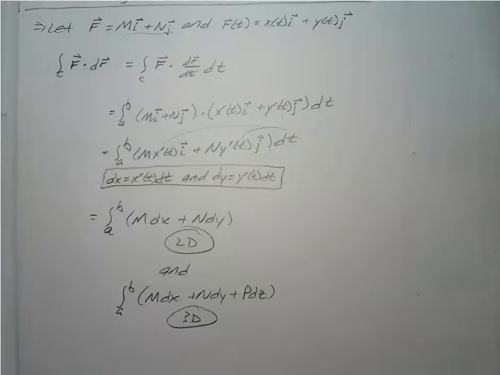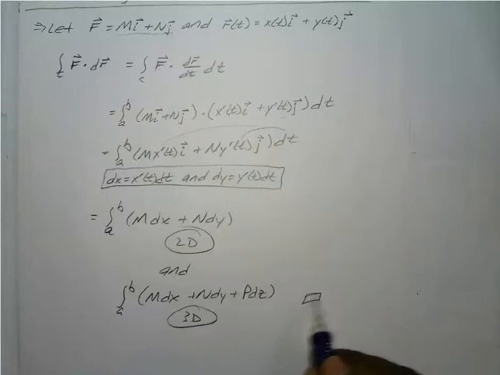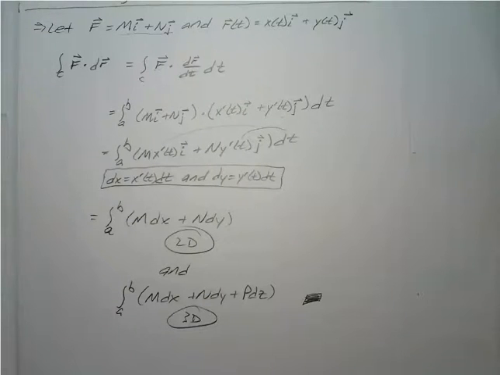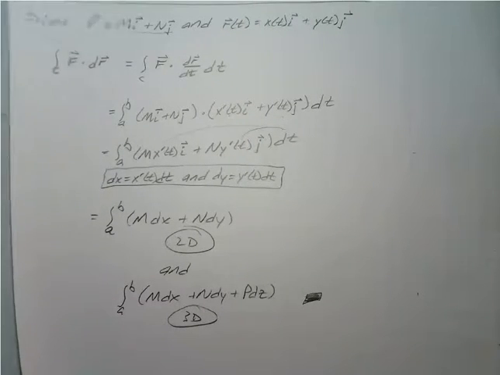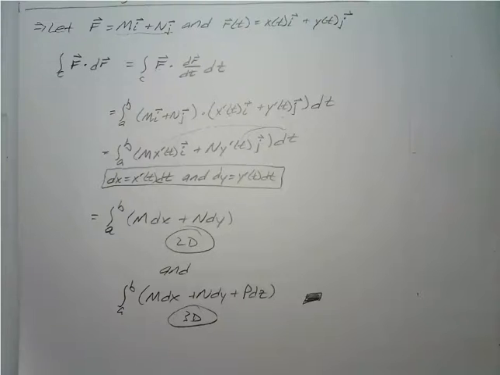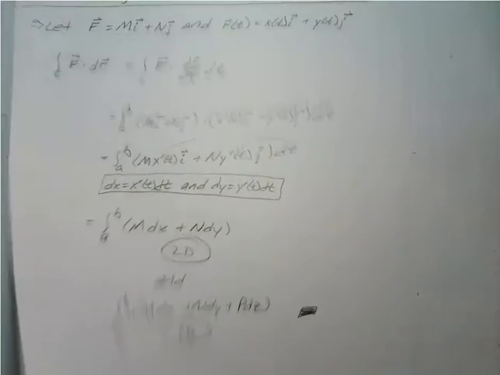All right. So if you are still writing, feel free to press pause. But we're going to go ahead and move on to our last example, which will cover finding the work, but it will be in this form.